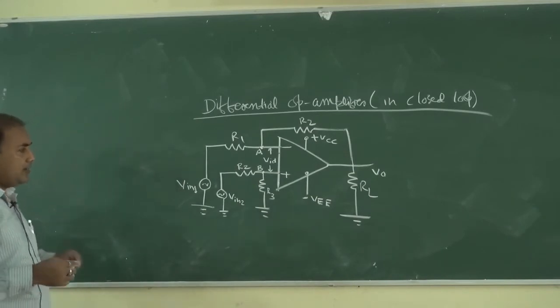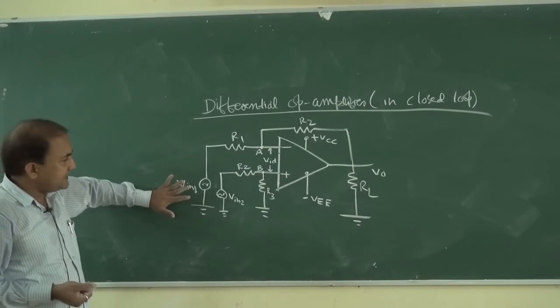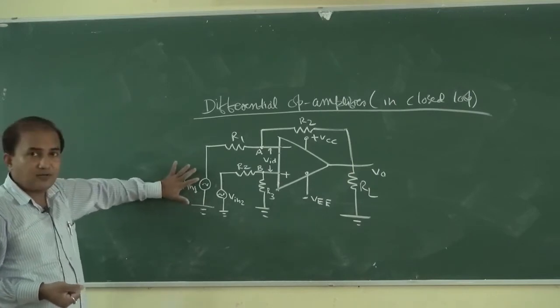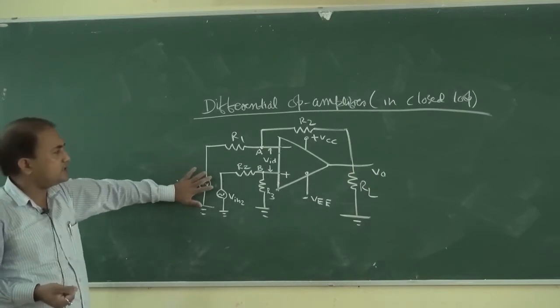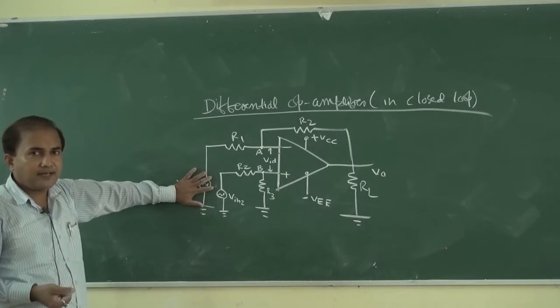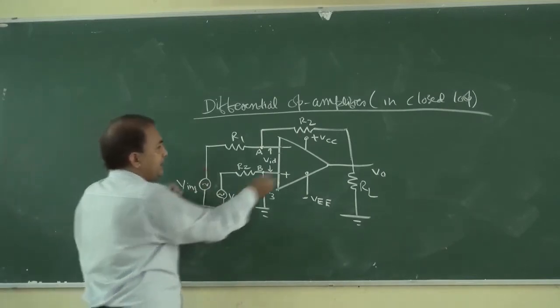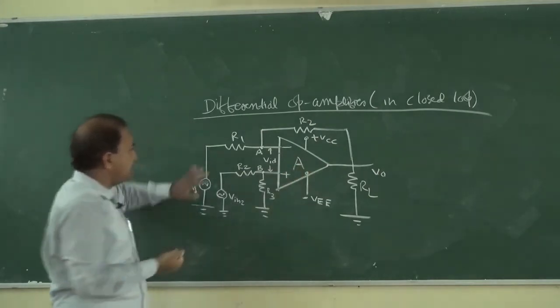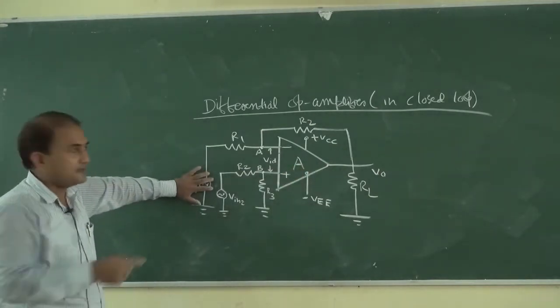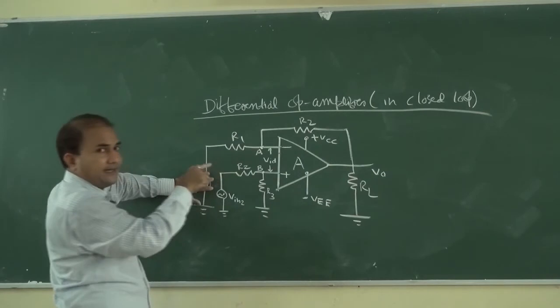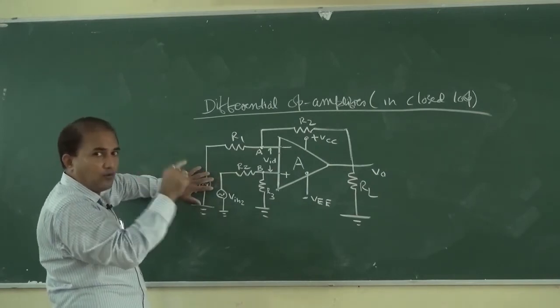Now if V in 1 is equal to 0, if we are not giving V in 1, then this operational amplifier behaves as a non-inverting operational amplifier in closed loop.